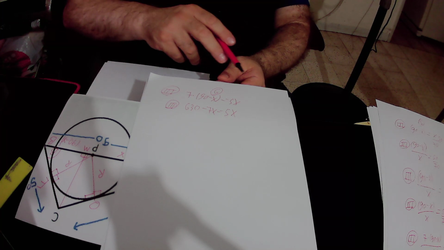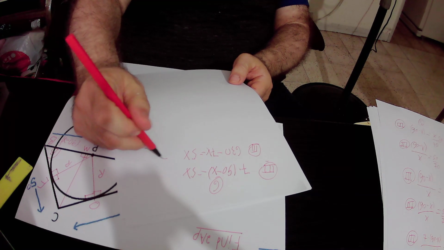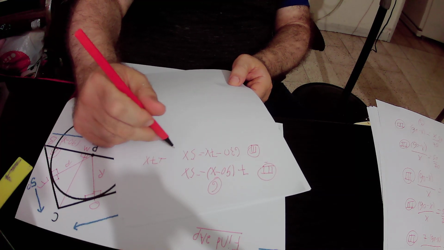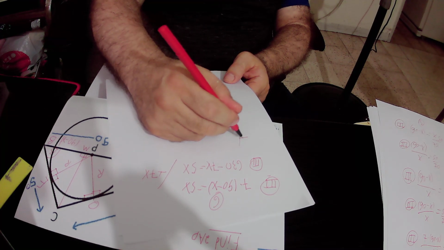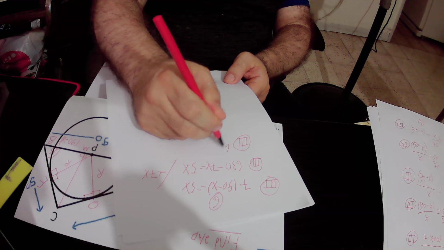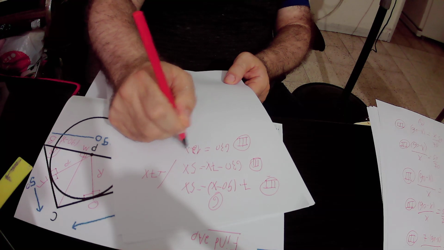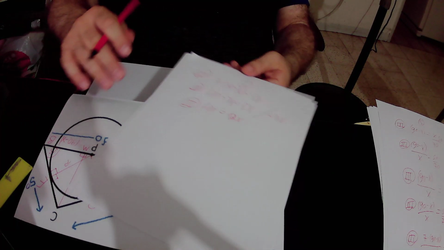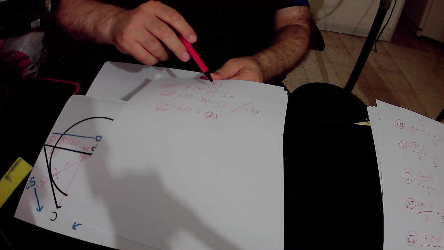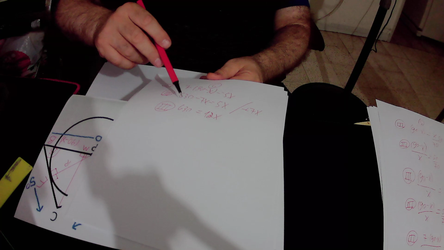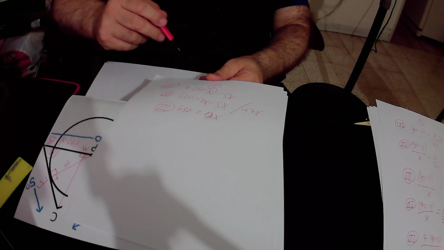Now we will add 7x to both sides of the equation. So we will get that 630 minus 7x plus 7x equals 630, and 5x plus 7x equals 12x.